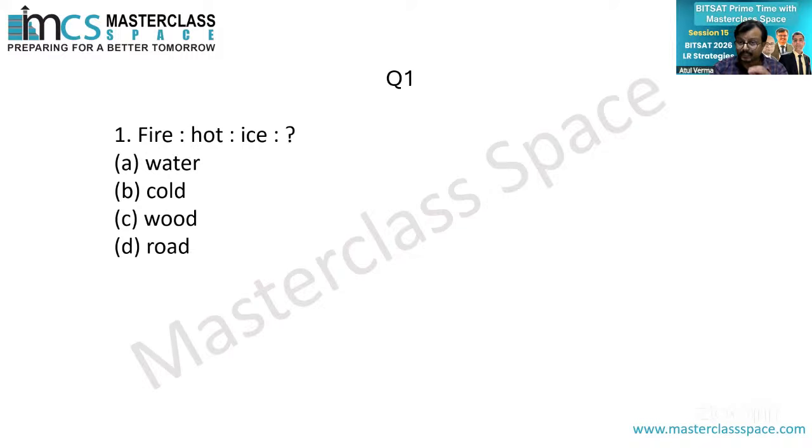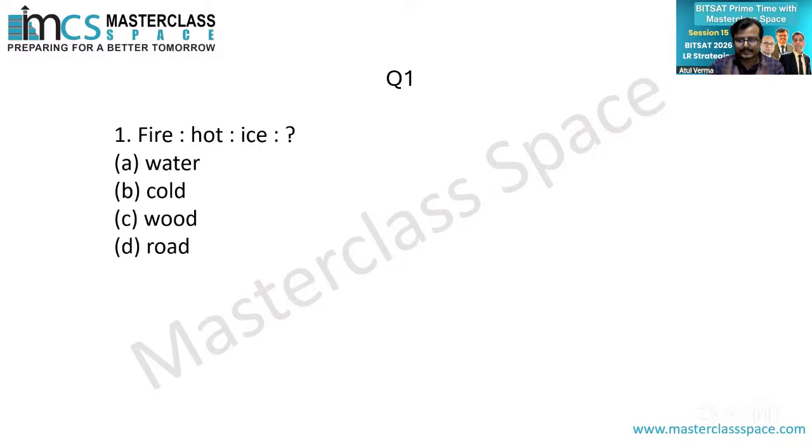If you want, you can pause this video, attempt by yourself, and mark your answer, so that when I share, you are able to cross-verify it. Always think very nicely about what relation the first 2 words are having. The common mistake many students make in such questions is they look at the options, they look at the 3rd word instantly, and then their mind at times gets fumbled up.